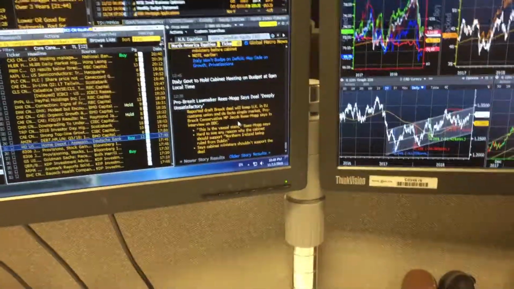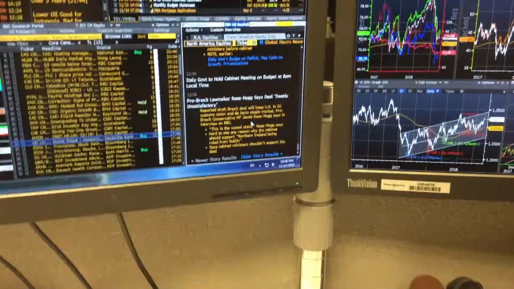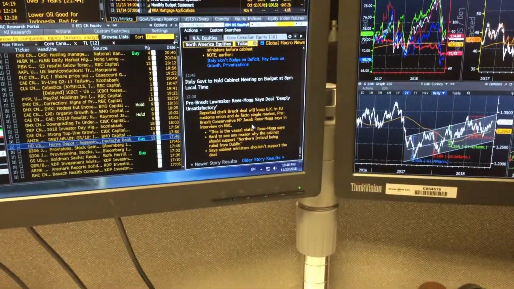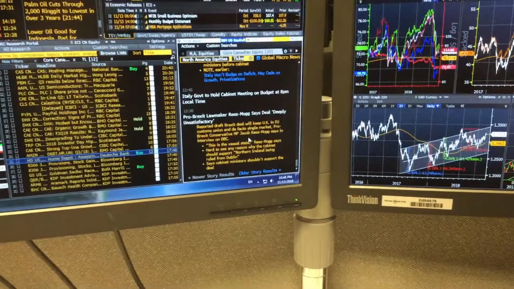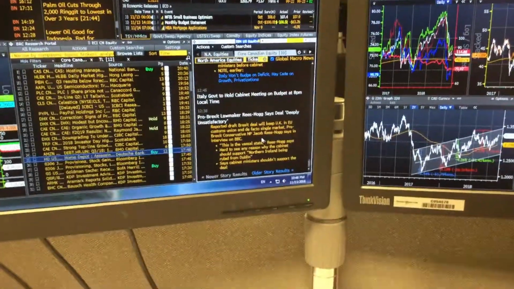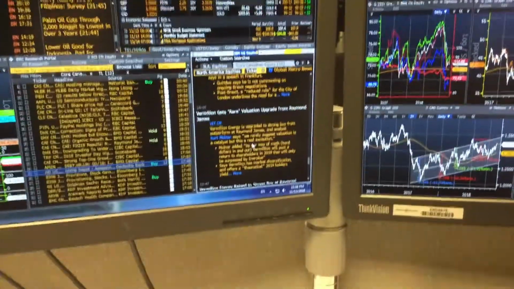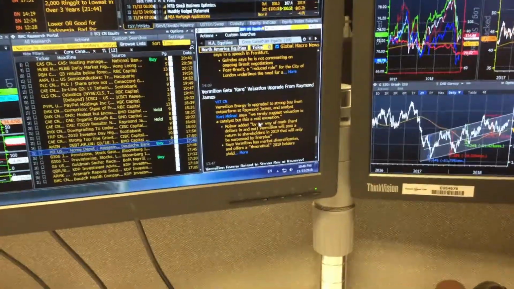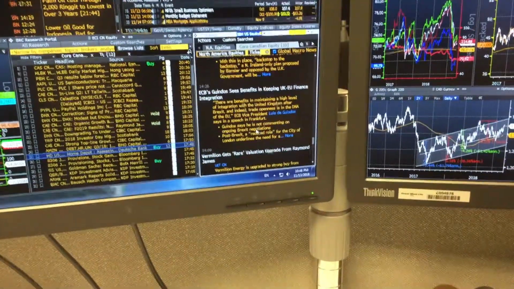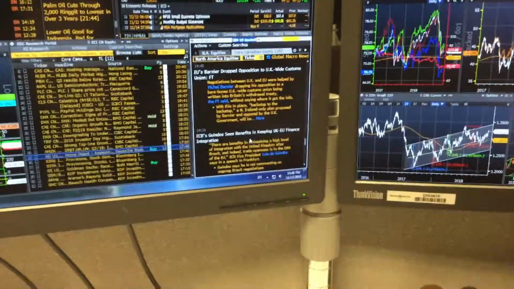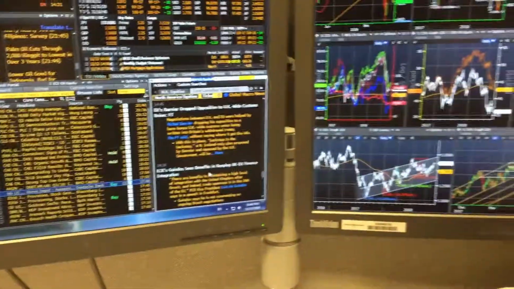On the side here, it's called First Word. Basically, it's your AI-driven news. Bloomberg has AI that pulls in information pretty quickly and what they feel is important. So it's their own filter.